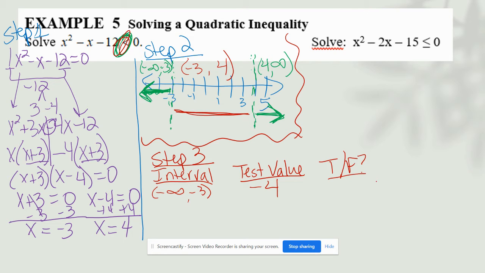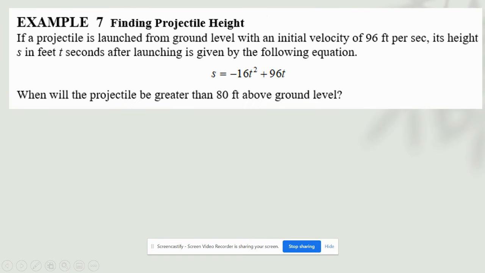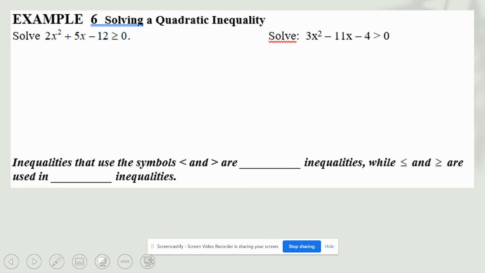That means we're plugging -4 into the equation. So we have -4 squared minus -4 minus 12, and that has to be less than 0. Well, -4 squared is 16. -4 minus -4 is actually +4.